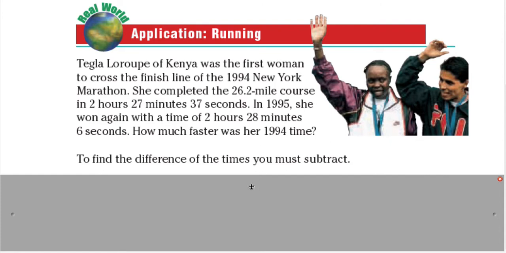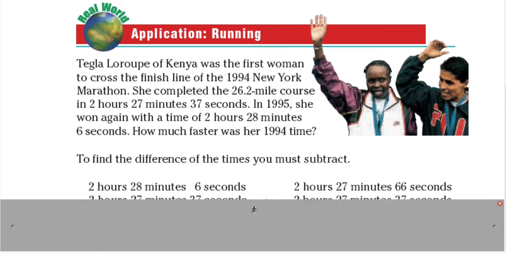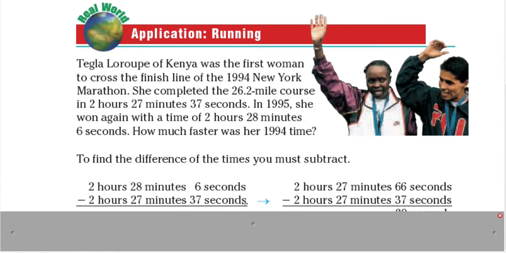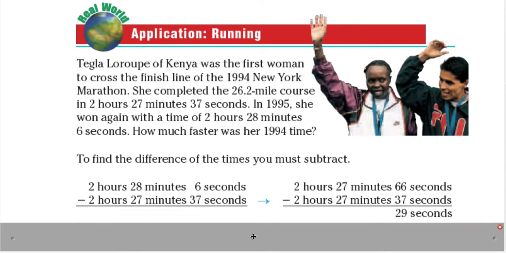To find the difference of times, you must subtract 2 hours, 27 minutes, 37 seconds from 2 hours, 28 minutes, 6 seconds. So what did we learn from that particular lesson? What we know is this. We have 2 hours, 28 minutes, 6 seconds, and we want to subtract 2 hours, 27 minutes, 37 seconds.